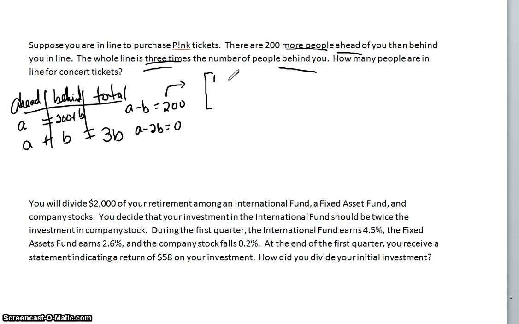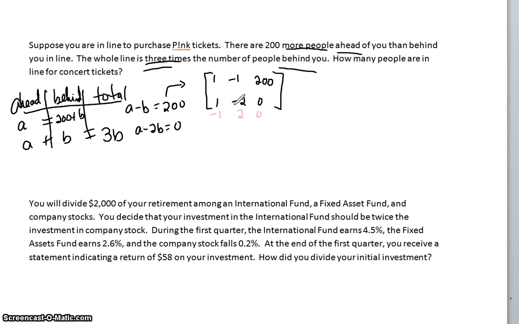So I'm going to have 1, negative 1, 200, 1, negative 2, 0. And now I'm going to do my row reduction. Now for this one, I'm going to multiply the bottom one by negative 1. I like to put it down here. And I'm going to add these two.